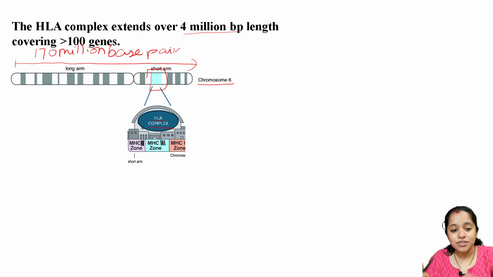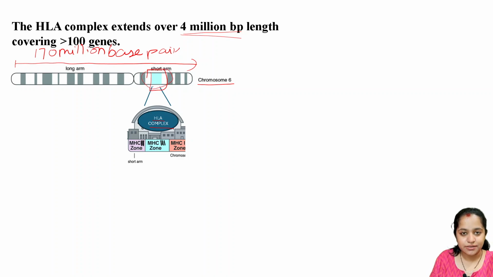In this area it is covering more than 100 genes. Now these genes are further grouped into three regions, MHC region 1, 2 and 3, which we will see separately. Okay, so let's move ahead.